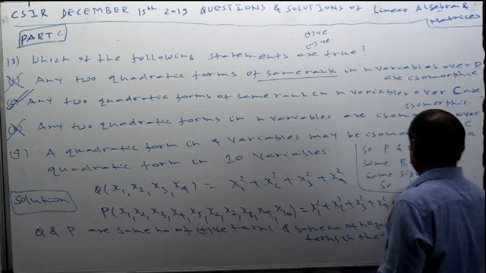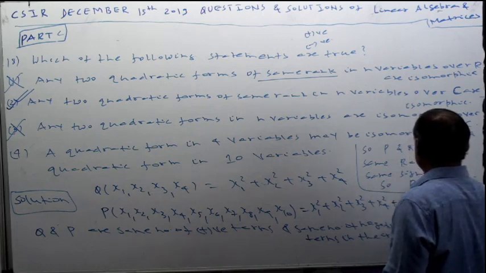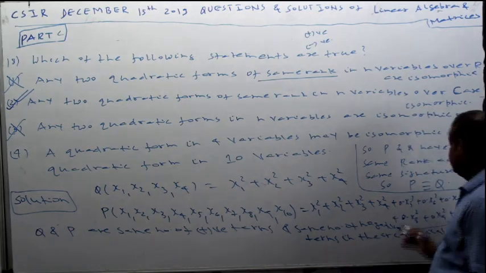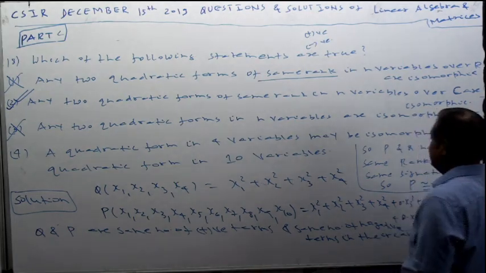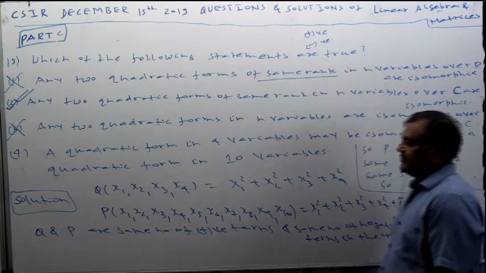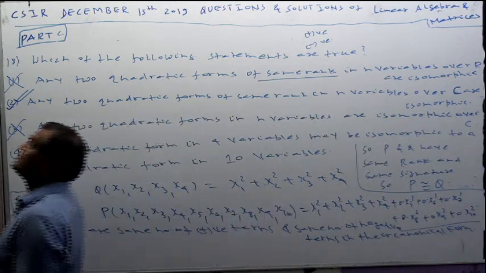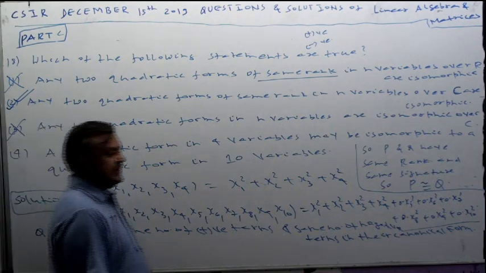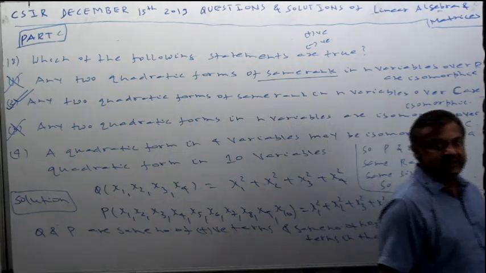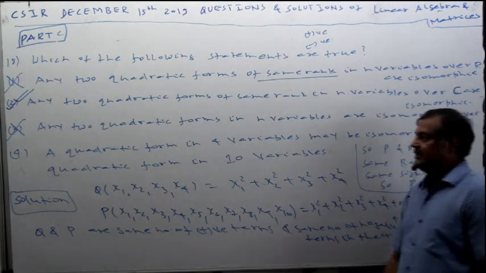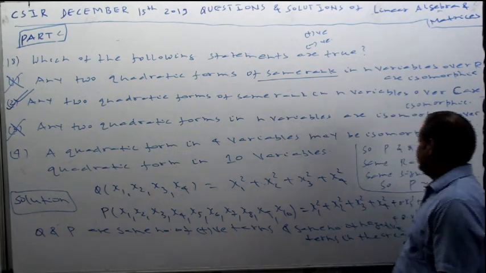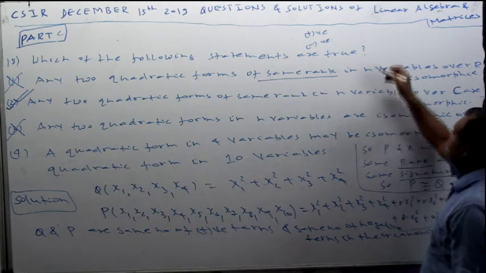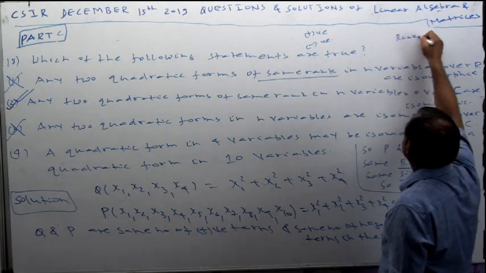So P is isomorphic to Q. Is it okay? We put it like this. They are equivalent. So a quadratic form in 4 variables can be equivalent to a quadratic form in 10 variables, 20 variables, 30 variables, 6 variables, etc., etc. Same rank, same signature.